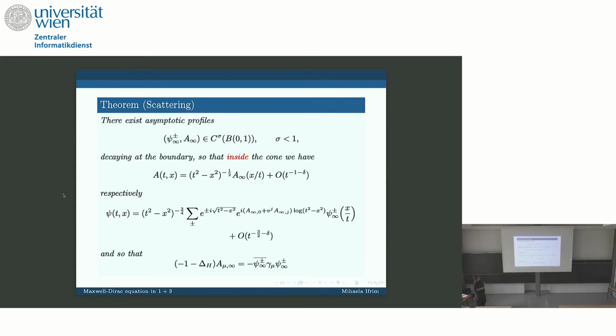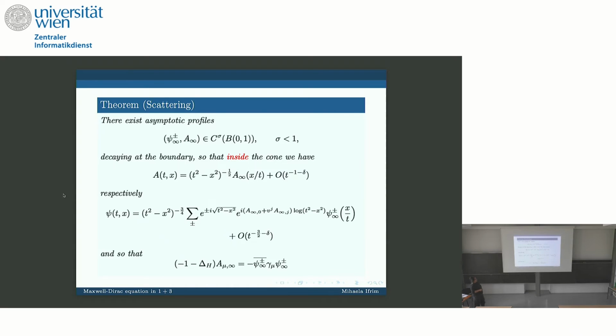We're going to prove that we have those profiles, and we are going to obtain that the solutions have the following asymptotic description. So inside the cone, I'm claiming that the electromagnetic potential is going to look like this weight here that you will be tempted to believe is out of nowhere.